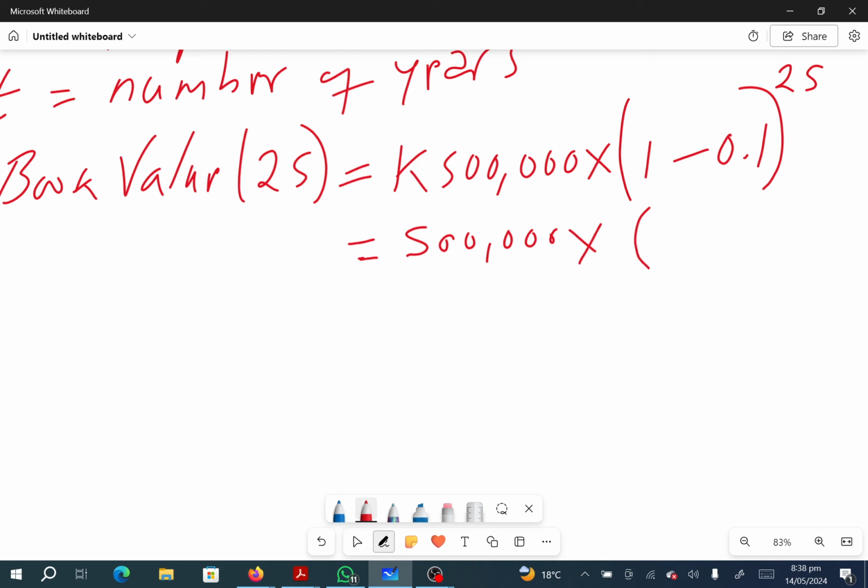So we say 0.9 to the power 25. Then you just get your calculator: 500,000 multiplied by 0.9 to the power 25.